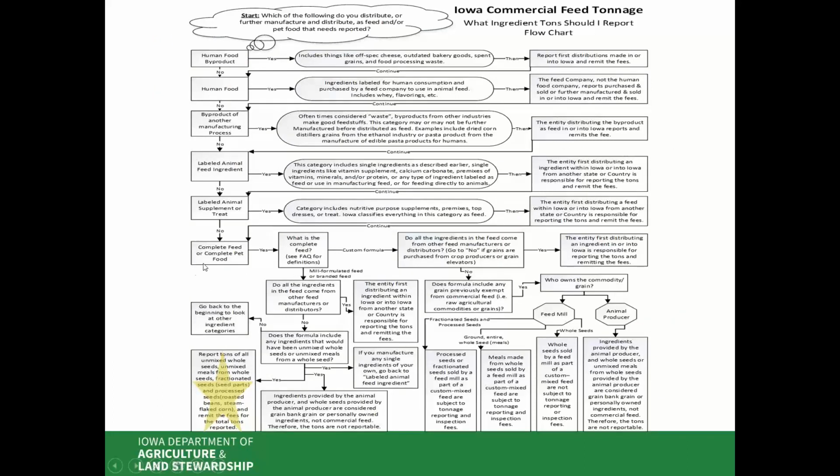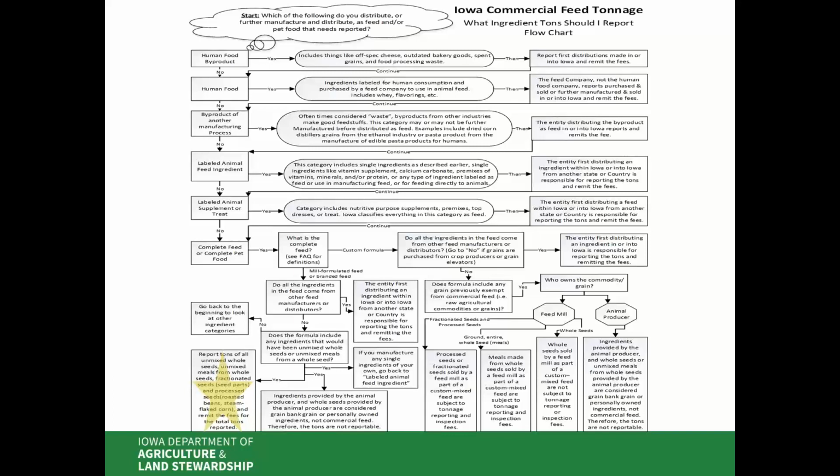flow chart, we go down to complete feed, and then we go over to what kind of feed it is. It's a mill formulated feed. Do all the ingredients in the feed come from other feed manufacturers? No, we got the stuff from the farmers. And does the formula include any ingredients that are unmixed whole seeds or unmixed meals from a whole seed?